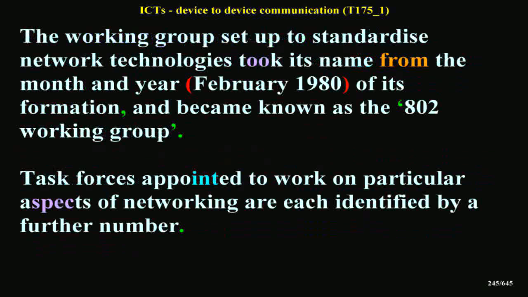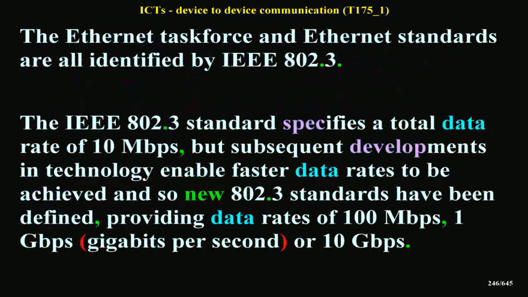The working group set up to standardize network technologies took its name from the month and year, February 1980, of its formation, and became known as the 802 Working Group. Task forces appointed to work on particular aspects of networking are each identified by a further number. The Ethernet Task Force and Ethernet standards are all identified by IEEE 802.3.